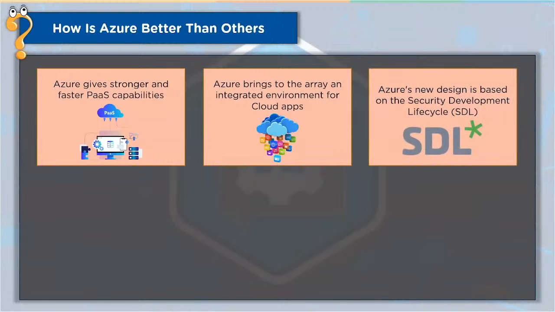Third, Azure was built using the Security Development Lifecycle, which is a leading assurance process in the industry. It has security at its core, ensuring that private data and services are kept secure and protected while on Azure Cloud.